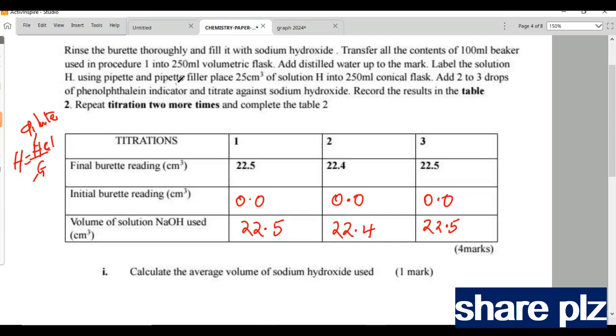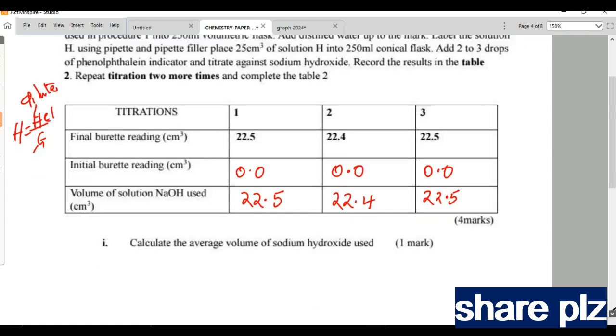So here, remember, sodium hydroxide is in the burette, therefore the average volume here is for sodium hydroxide. So what is the average volume? You simply take these ones, 22.5 plus 22.4 plus 22.5, and divide by 3, because the range after the decimal point is not more than 0.2.